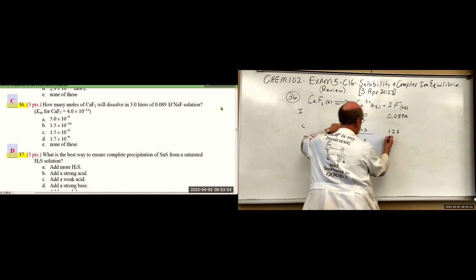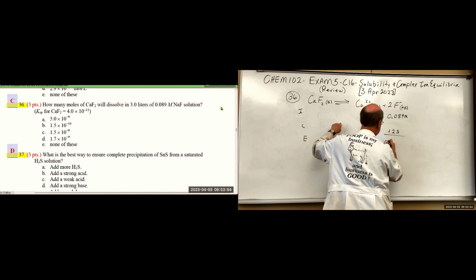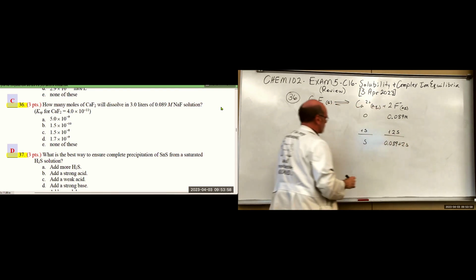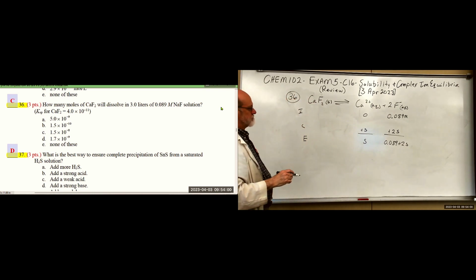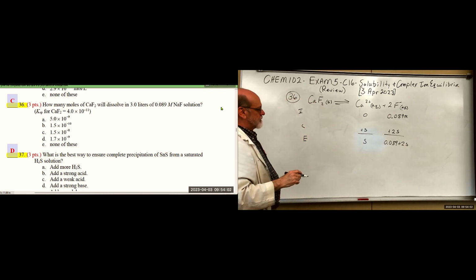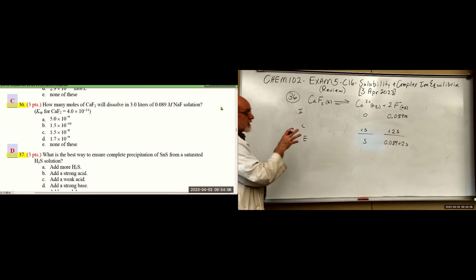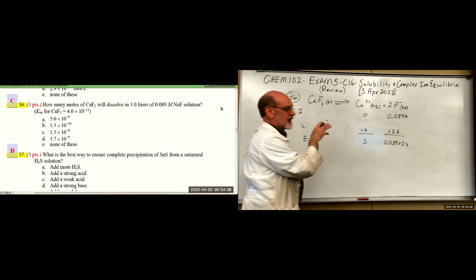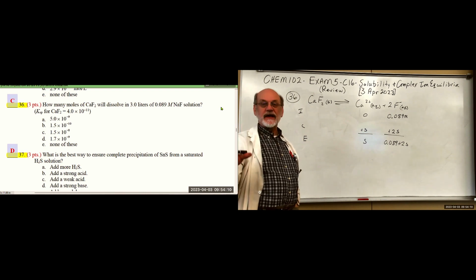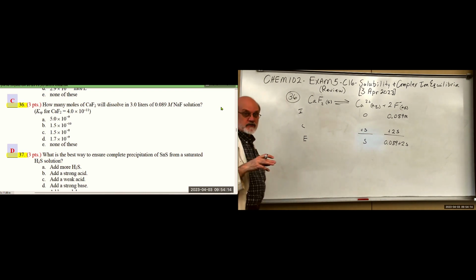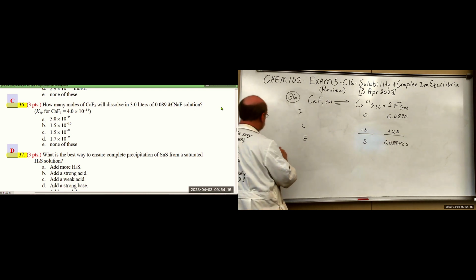Okay, so we get an S and we get a 0.089 plus 2S. Okay, so first we're going to calculate the solubility, and then we're going to have to apply the volume because the question asks for how many moles, not molar concentration, but how many moles.